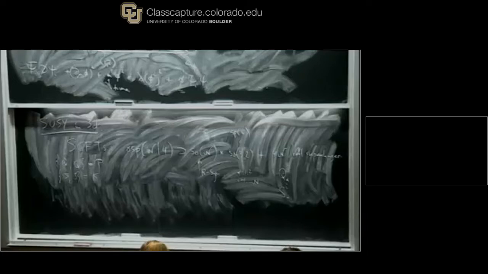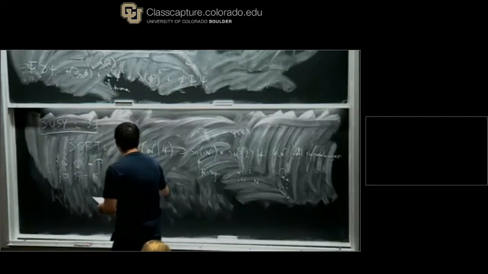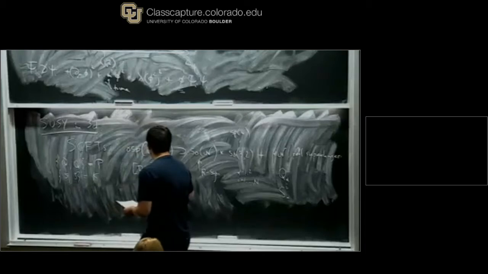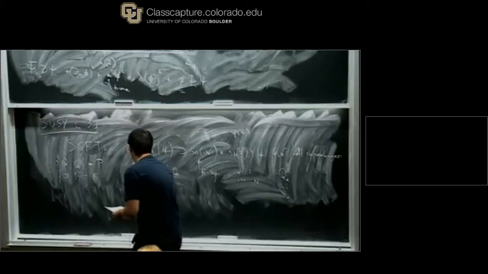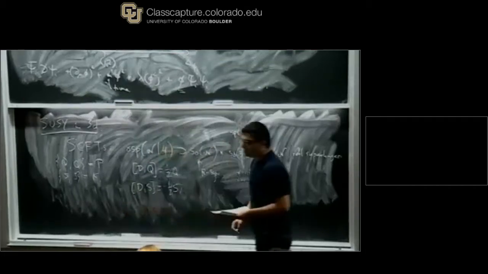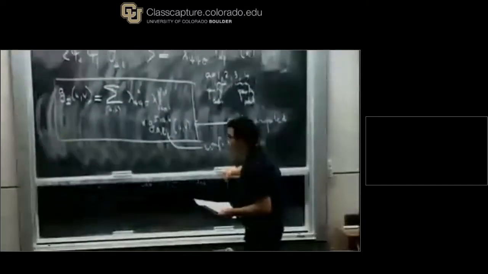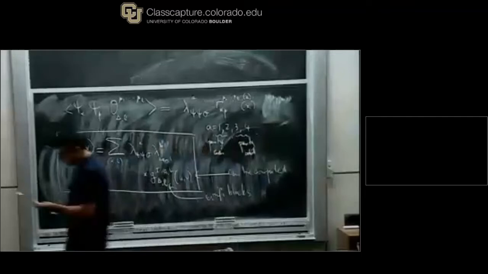And as far as conformal field theories are concerned, what's important is that the commutator with the dilatation operator, D with Q is 1/2 Q, and D with S is minus 1/2 S. So if we act with Q on an operator, it raises the scaling dimension by 1/2, and if we act with S on an operator, it lowers the scaling dimension by 1/2.